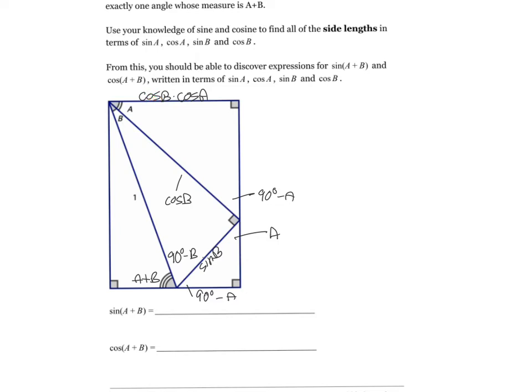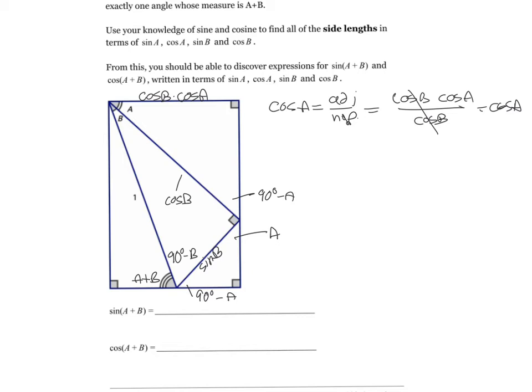So this side length here is scaled up by whatever the length of the hypotenuse for this triangle is. We can tell that this is true by saying, cosine of A is adjacent over hypotenuse. And using the values that I've got here, I have cosine of B, cosine of A, hypotenuse is cosine of B, cancels, equals cosine of A. So this works.